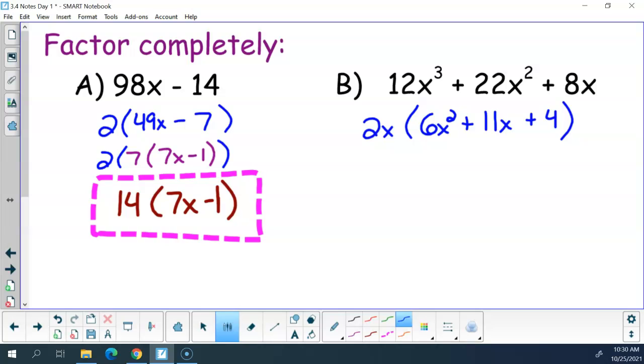Is it? No, because it's not 2 terms. Then we should check to see if we can trinomial factor it. Two numbers that multiply together to be 6x squared. 2x and 3x? Okay.